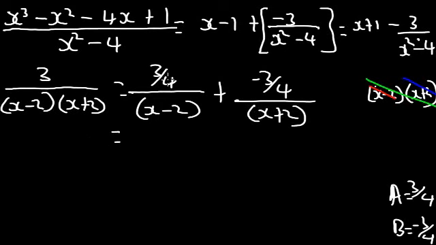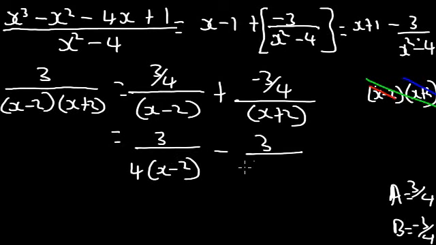So now, just like before, we can bring those 4's all the way down. Also, this positive sign can be affected by this negative and turn it to negative. So we have 3 all divided by 4 in the bracket of x minus 2, then minus 3 divided by 4 in the bracket of x plus 2.